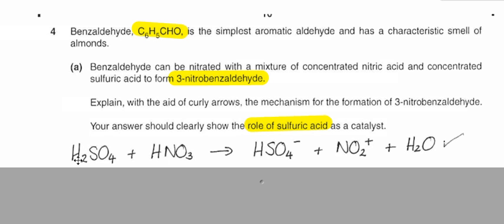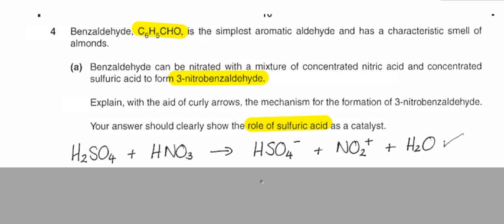So you've got sulfuric acid, nitric acid. Sulfuric acid loses 1 H, so it becomes HSO4 minus, plus your electrophile NO2 plus. That's the key one to remember. If you can remember that, the rest of the equation you can get, and water as well, and that gives us 1 mark out of the 6.